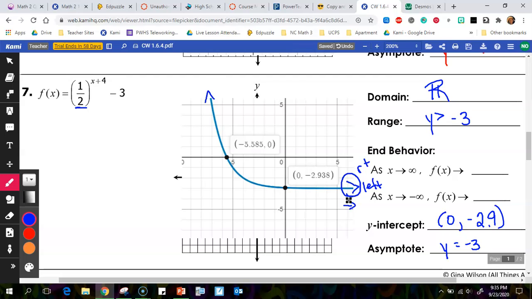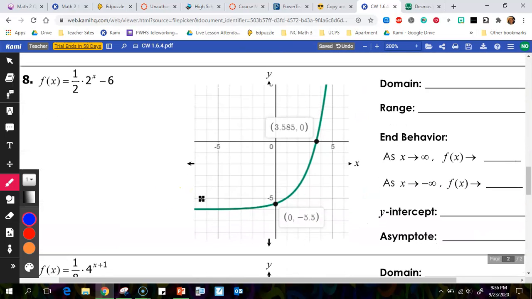It's approaching that asymptote, that -3. So f of x, or y, approaches -3. And then on the left side, which is over here, it is moving to the left and up. Okay, so that's -infinity, positive infinity.